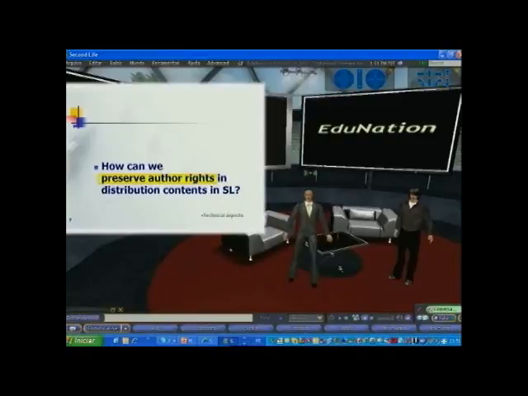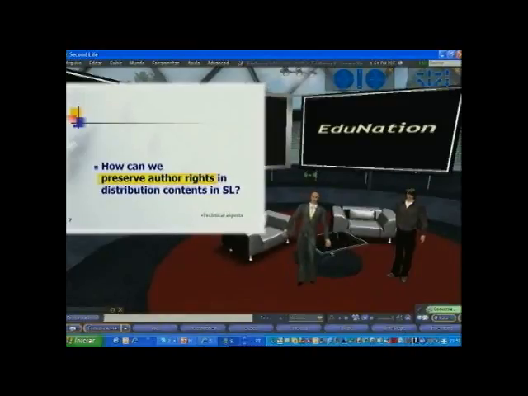Xavier told me that someone is saying it's better asking than robbing and stealing. And if we are not paid for our job, we have to steal to survive. So the question is, do you have any idea how to preserve rights, author rights, in distribution of contents in Second Life?